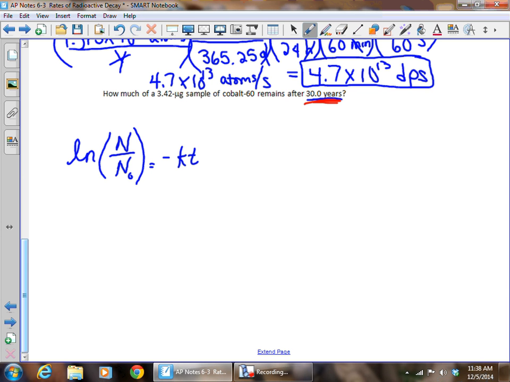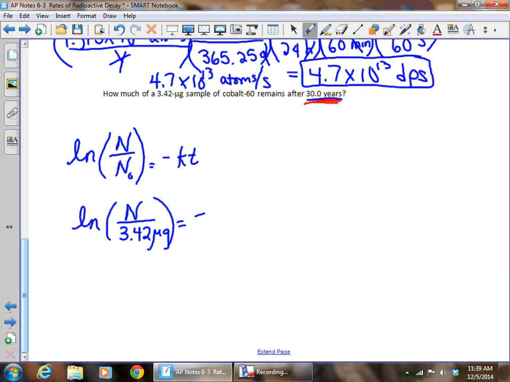So the first thing we want to do is plug in our values. We know that we've got ln of, and we're trying to find the resulting amount of the substance. N0 was 3.42 micrograms to begin with.